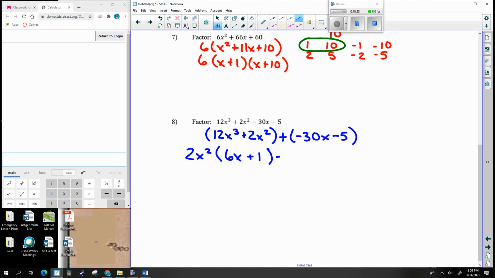Here I have to take out a negative, and I can take out a 5, which leaves a positive 6x and a positive 1. Notice how the insides are the same. That's good news. So the outside stuff go together, inside stuff goes together. That's what it is.